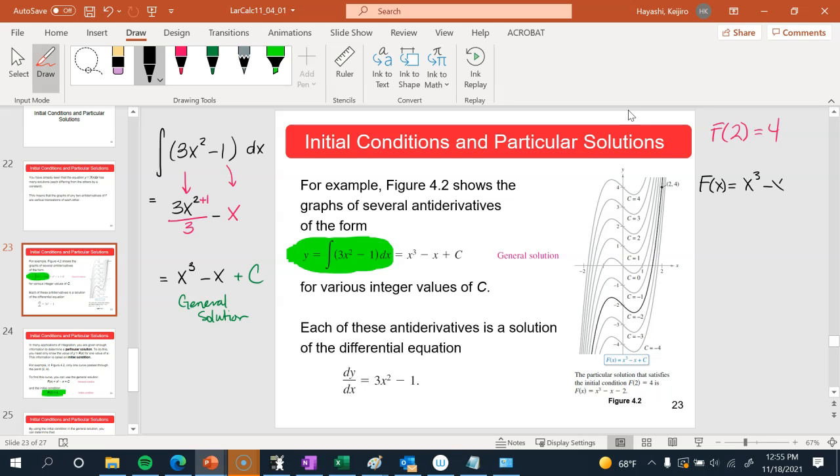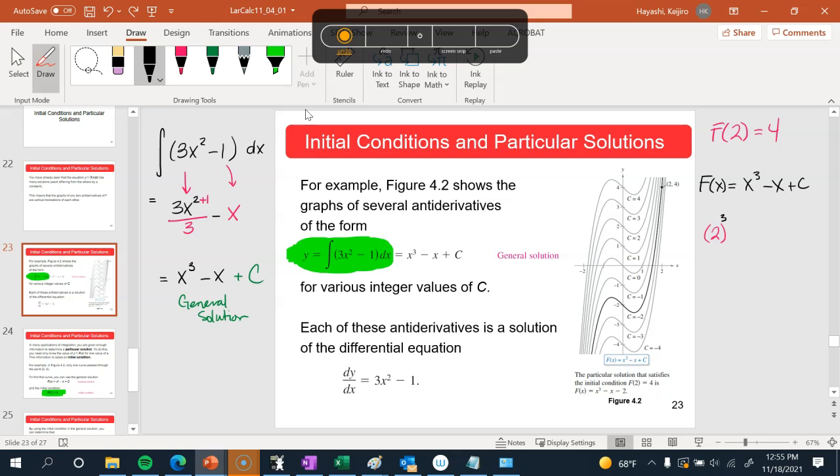X cubed minus x plus c. What you do is you plug into this general solution and make it equal 4, right? Because that's the initial condition. The initial condition is that when you plug in 2, it should equal 4. So you plug in 2 to evaluate big F of 2.